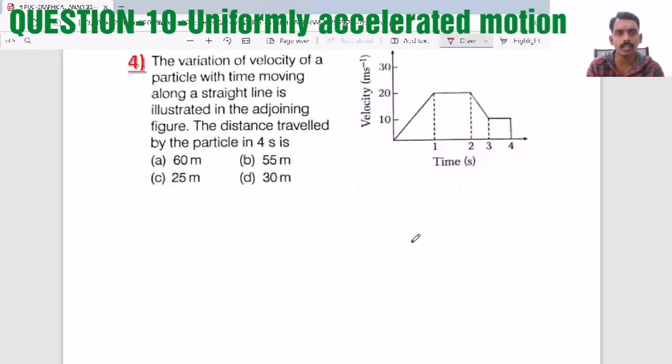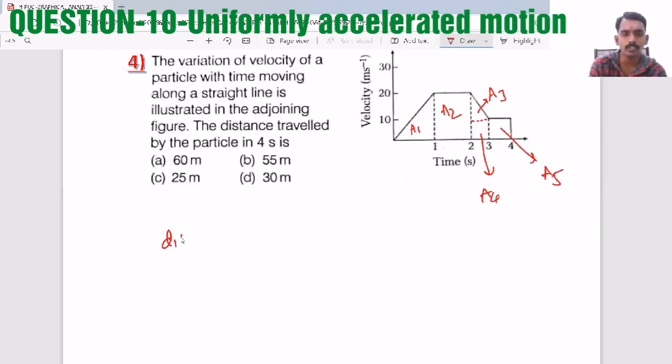Now here they have given one v-t graph and they are asking the distance traveled by the particle in 4 seconds. Distance means total area. So let's take this as A1, this as A2, this as A3, this as A4 and this as A5.